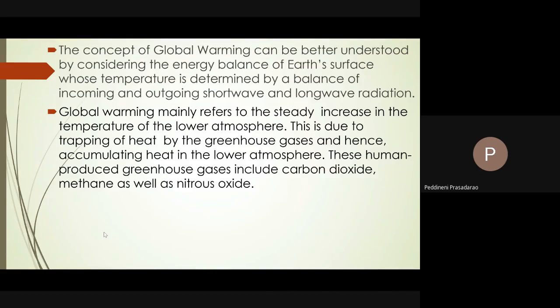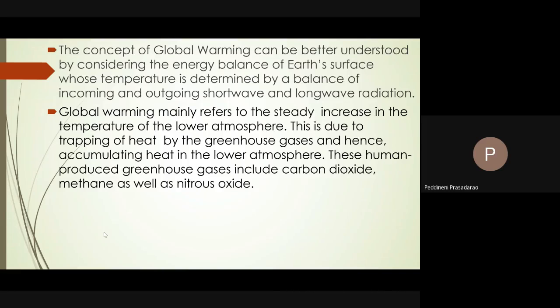If you understand these two very clearly, you will know why global warming is taking place, and what measures we can think of to reduce it. You have to have a fine idea of incoming and outgoing radiation, and these will provide ample information on why global warming is taking place.